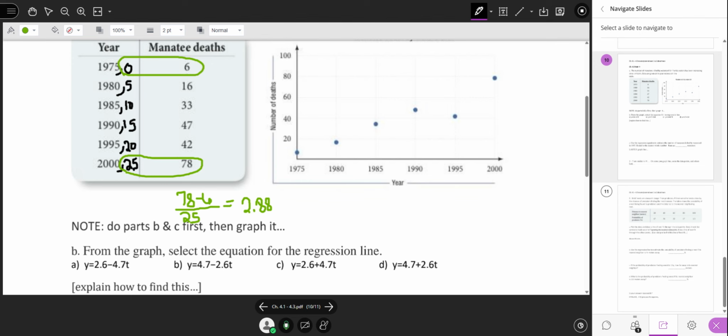All right. Now, these are going up, so this is going to be a positive, and there's going to be an X. Now, we need a number by itself closest to 6.